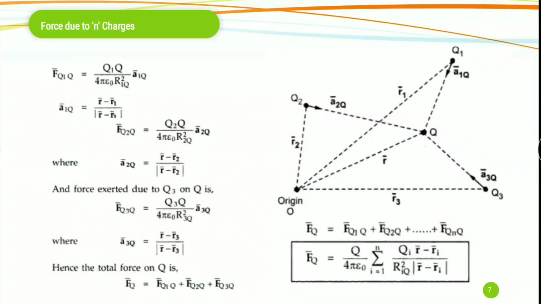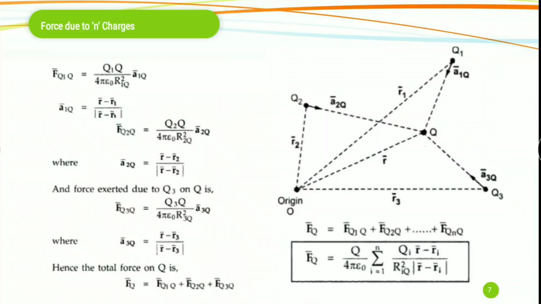So there are 4 charges: charge Q, Q1, Q2, Q3. Now this is the origin. Here we draw a line from the origin to each charge.